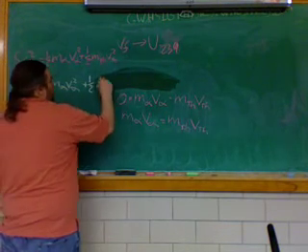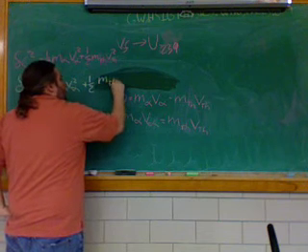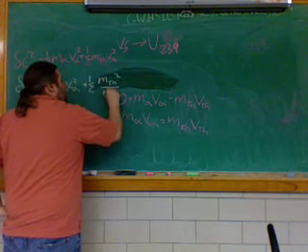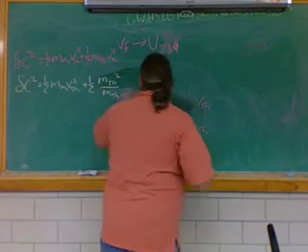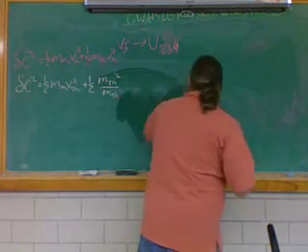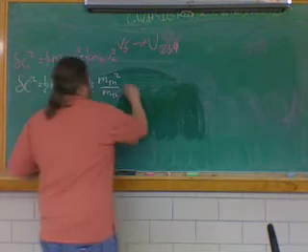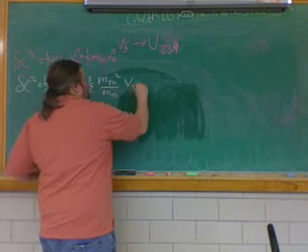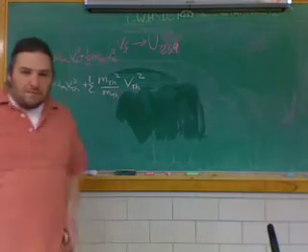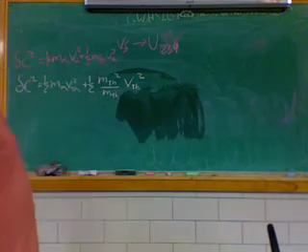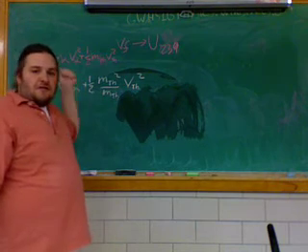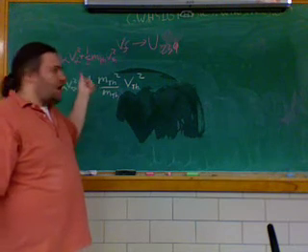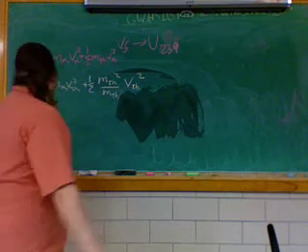So that's going to give me, okay, this is going to be equal to mass of alpha times the velocity of alpha. So I'm just going to substitute that straight in.